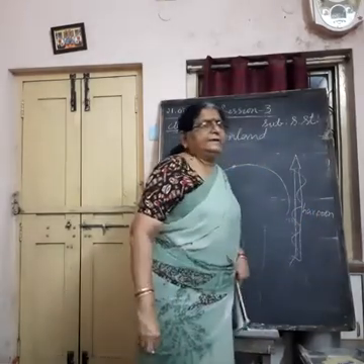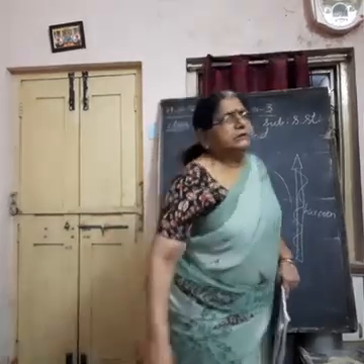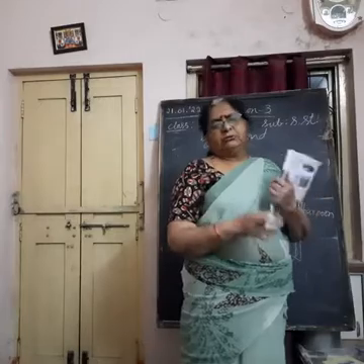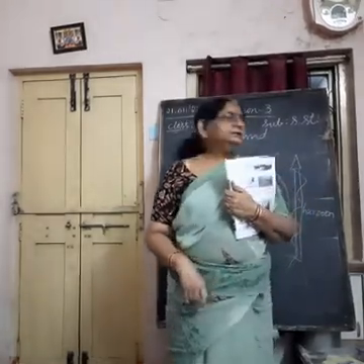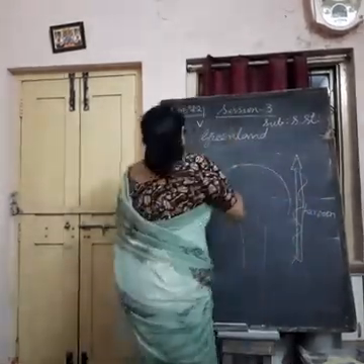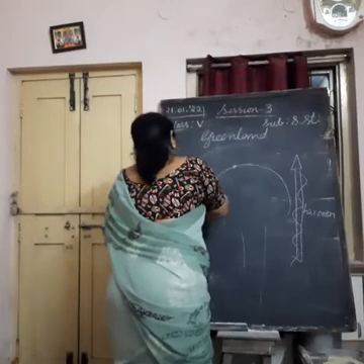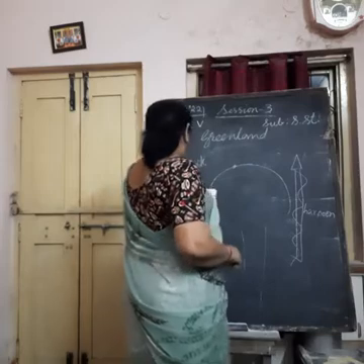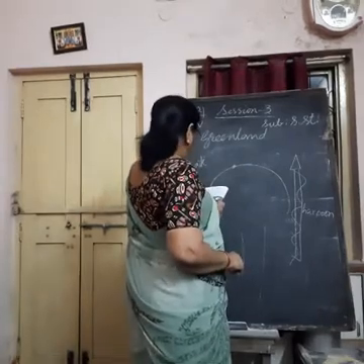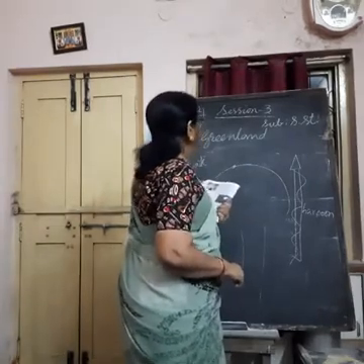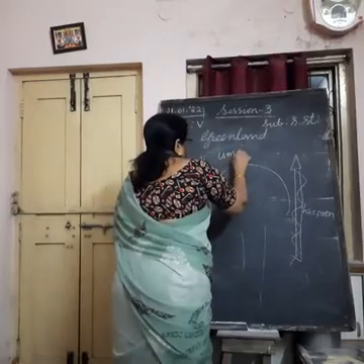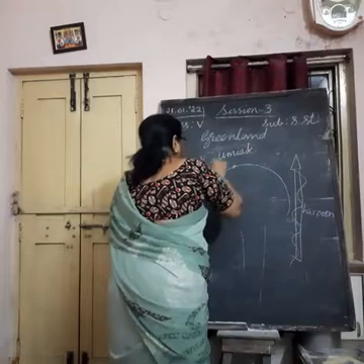Understand? They have to sail in the sea near the coast. They use two kinds of boats. One is called kayak. Another is called umiak. These are two kinds of boats.